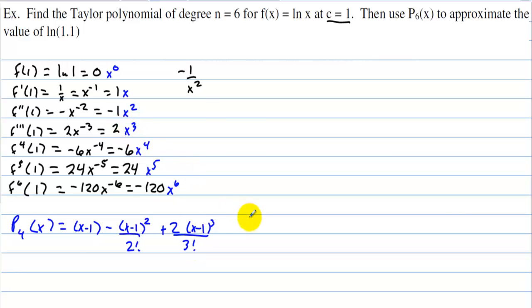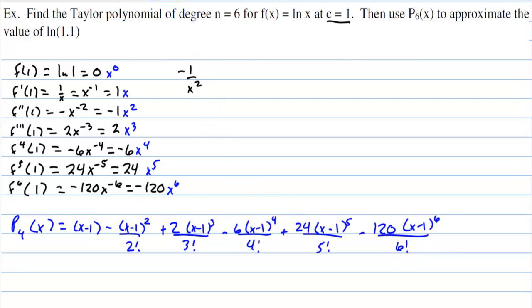That's for x to the third. Minus 6 times x minus 1 to the fourth over 4 factorial. That's for the fourth. Then we have plus 24 times x minus 1 to the fifth over 5 factorial. And then finally, minus 120 times x minus 1 to the sixth over 6 factorial.